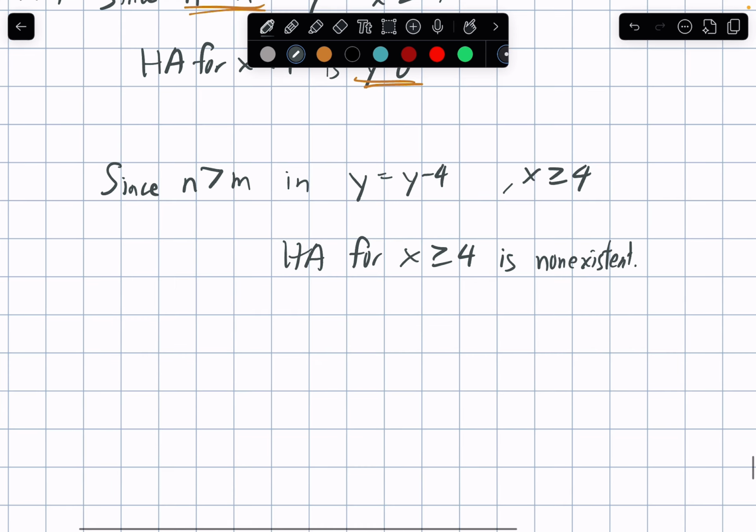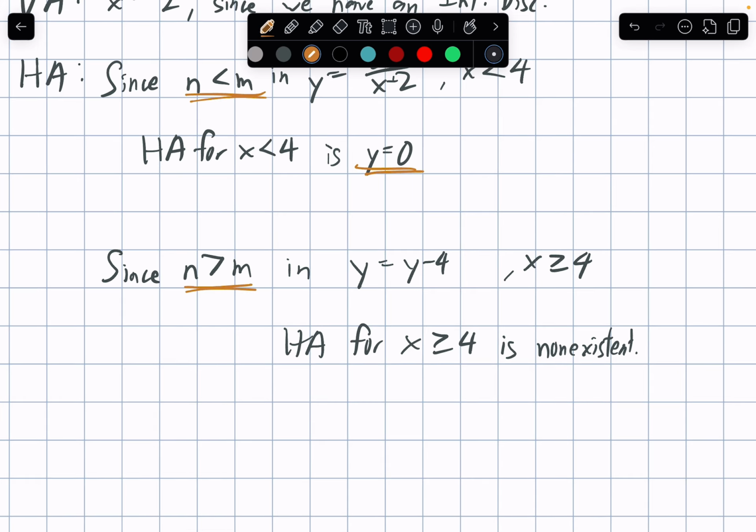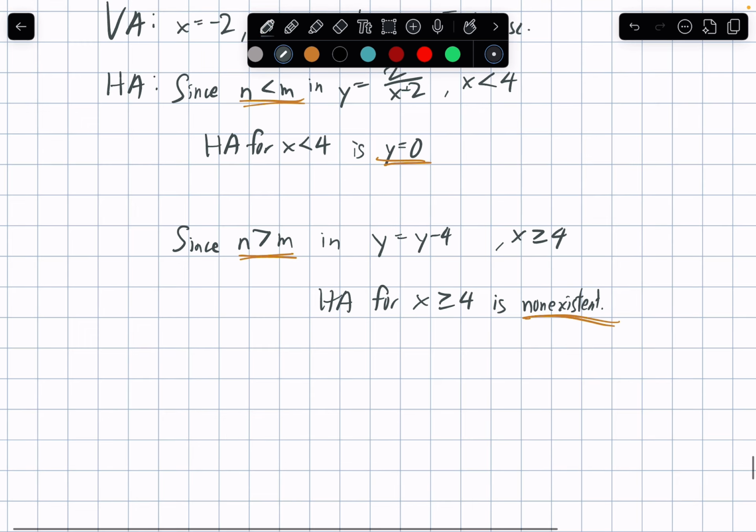Let me give you, just to complete all definitions that you'd want to know. So let's say n is equal to m, so both the numerator and denominator have the same degree, essentially both are raised to 1.